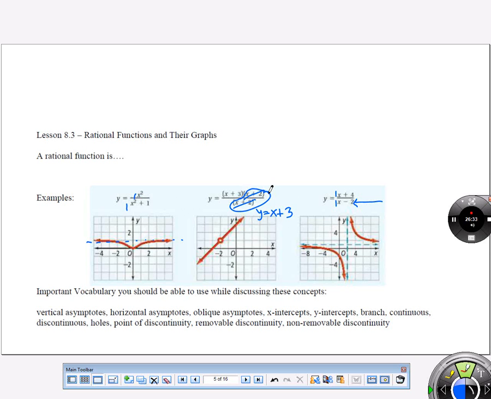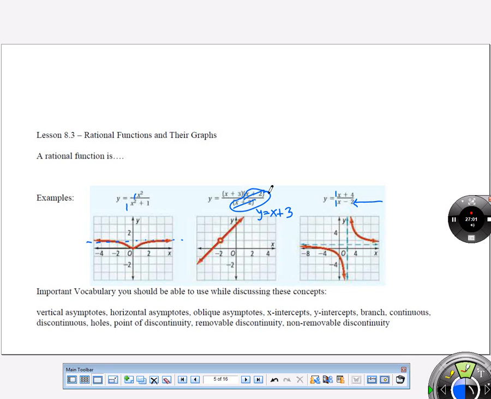Continuous and discontinuous, okay? In these 3 examples, do you guys think that there's a function that would be considered continuous? Damien? Not the second one. That stinking hole ruins it for us. Anna? The first one. So the first one would be considered continuous. Both the second and the third one would be considered discontinuous. Why? CJ?